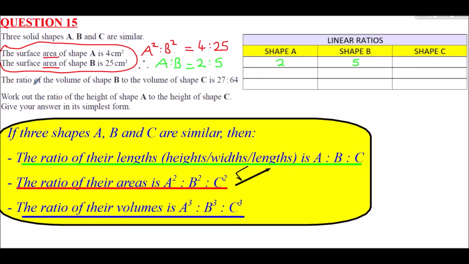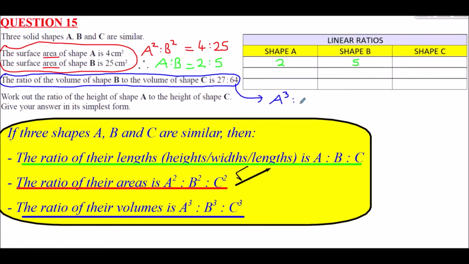Now, we're mentioned here about the volume relationship between B and C. So if you read this bit carefully, the ratio of the volume of shape B to shape C is 27 to 64. So what this tells us is that the ratio of volume, B cubed to C cubed, is 27 to 64.